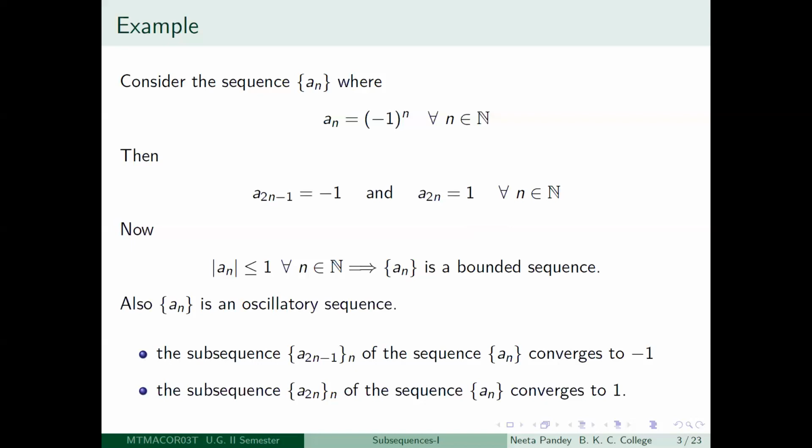Now, if it has to converge to -1, then after a certain term, however small a neighborhood of -1 you take, all the terms of the subsequence should lie in the neighborhood of -1. So choose a neighborhood of -1 which is not containing the point 1. Take a very small neighborhood of -1, right?